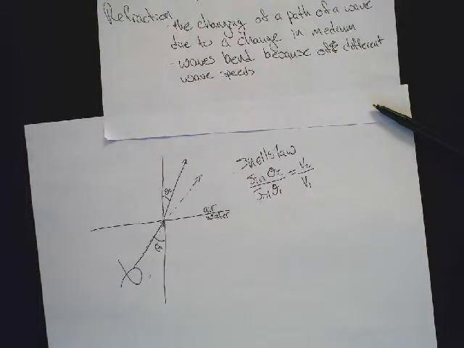So as I make it more vertical, sine of 90 is what? 1. So sine of 90 over sine of 90 would show that it doesn't actually change, correct? So it just goes straight down. But as I make the angle more extreme, I should have more extreme bending of that line.